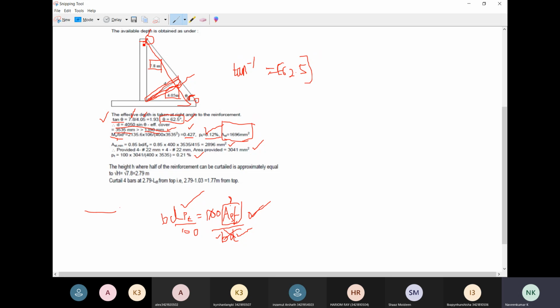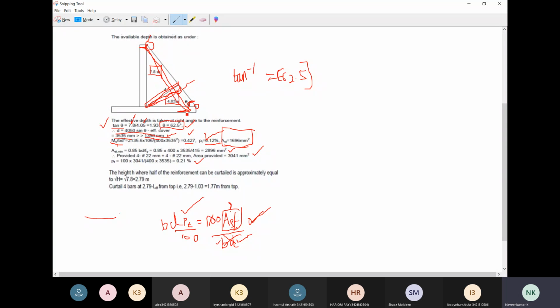It will tie the stem. It starts from the stem and it will cover the overall counterfort, and it will end like a hook. So this is the curtailment reinforcement to be provided in the one direction.